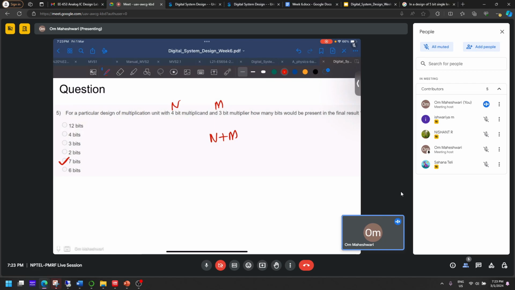And how many adders do you need here? You need m adders, each of size n plus m bits.